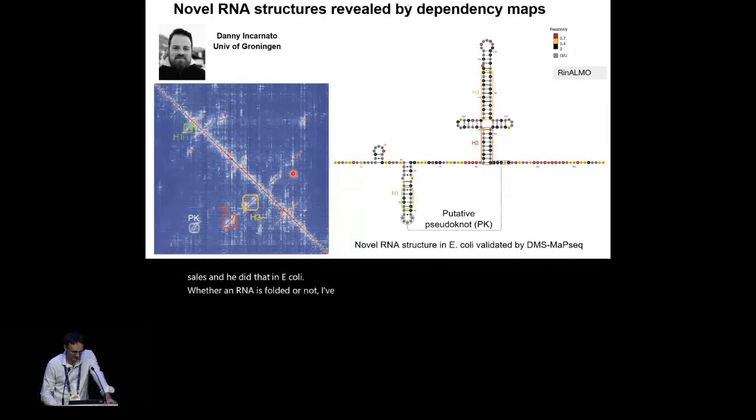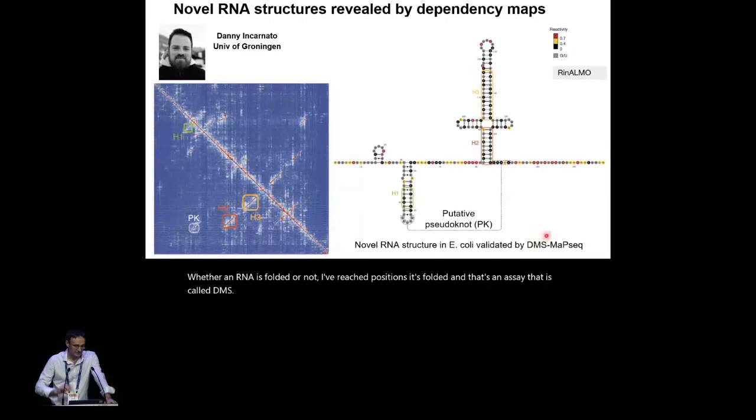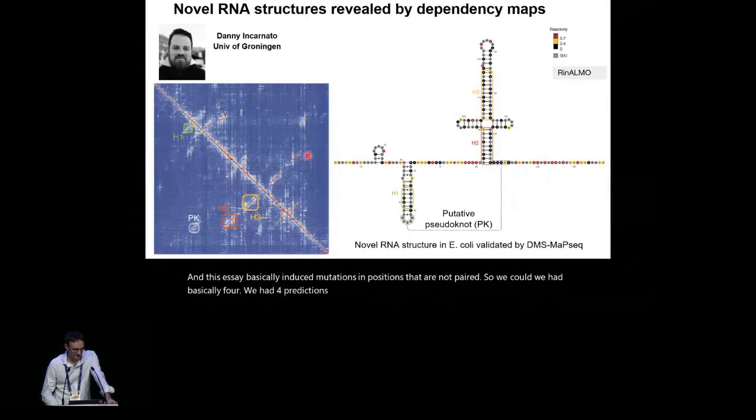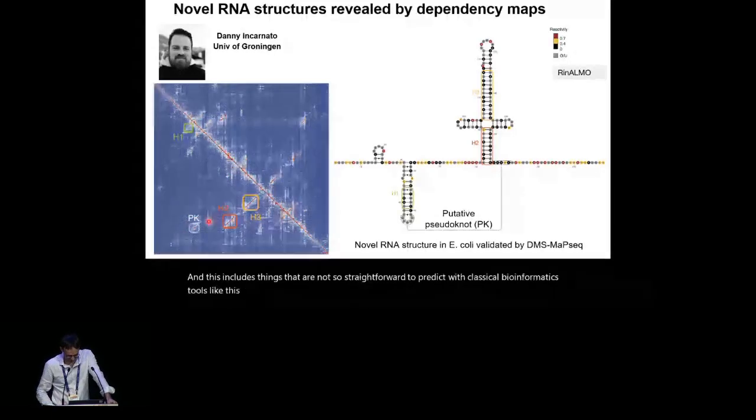That's an assay called DMS, and this assay basically induces mutations in positions that are not paired. So we had four predictions in E. coli that could be validated with this assay. And this includes things that are not so straightforward to predict with classical bioinformatics tools, like this pseudoknot here.